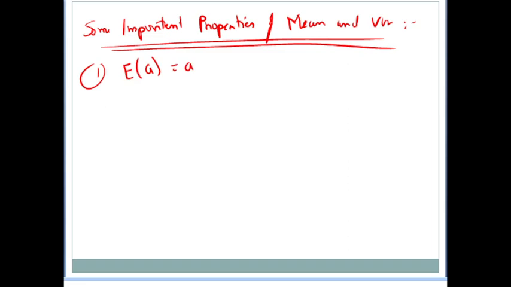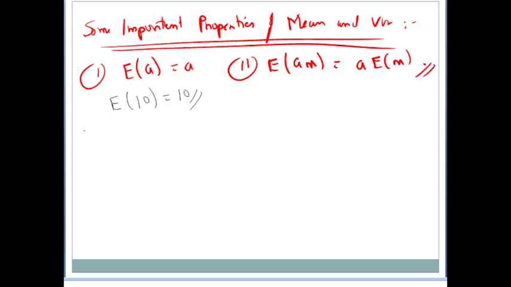That is, if we are finding the expected value of 10, then it will be 10 itself. Now the second property: the expected value of a times x will be a times the expected value of x.